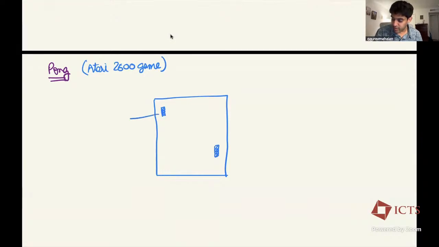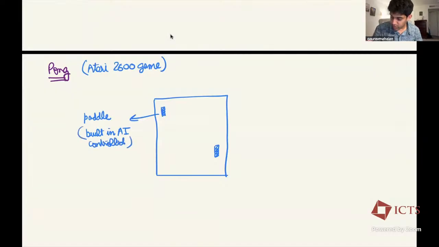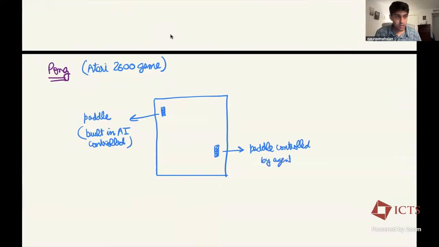This is the paddle which is controlled by the game's built-in AI. And this is another paddle that the agent controls. So that's what you control. And there is a ball.